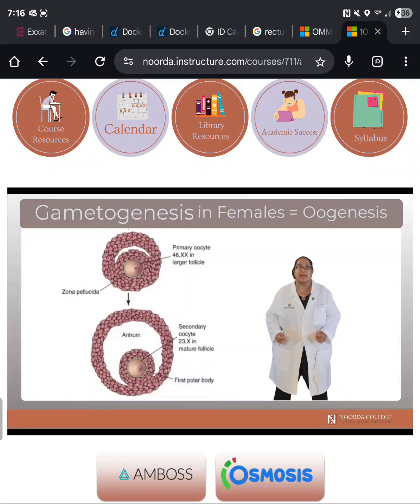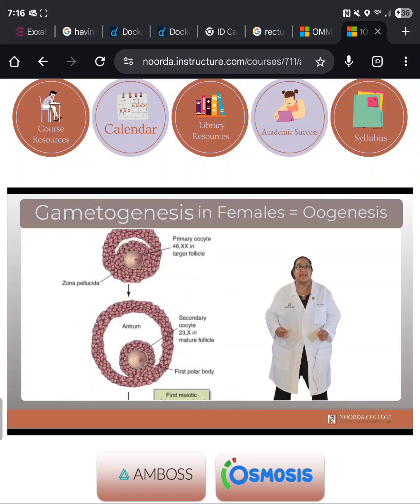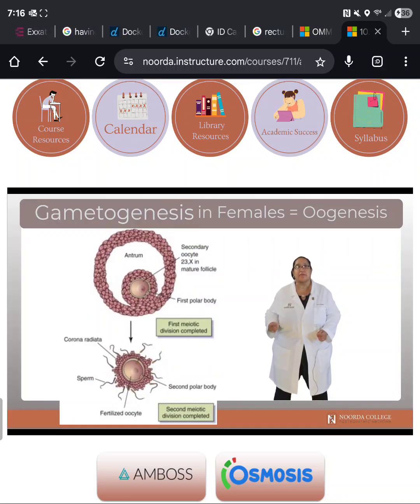The secondary oocyte is fertilized by the sperm, and the second meiotic division is completed, and a second polar body is then formed. So to recap, spermatogenesis takes about 2 months, while oogenesis begins during fetal life and does not actually end until ovulation.